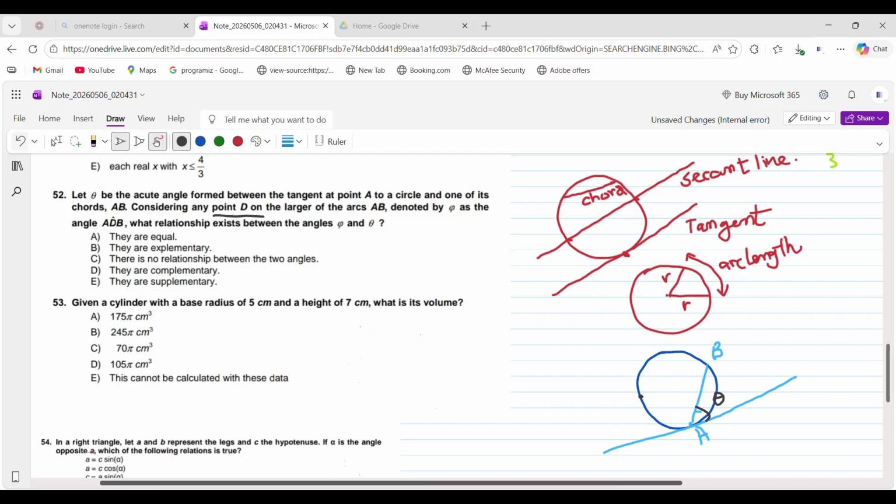So basically ADB, or I can make it with any other color, A, and this we have point D and B. ADB, they have told us that angle is phi we have. Now this question is very simple again.